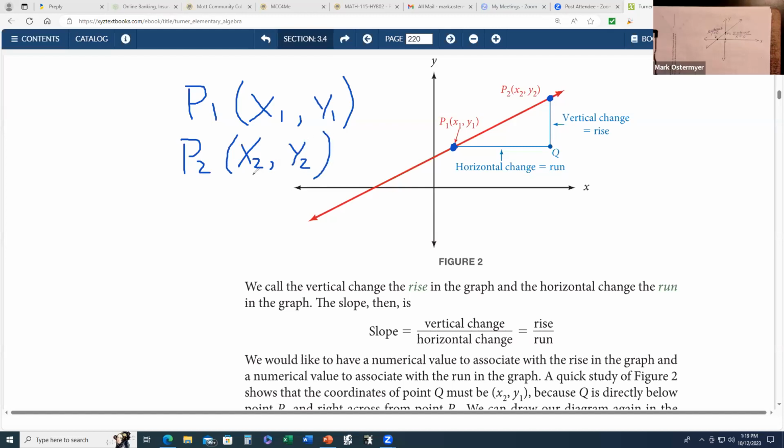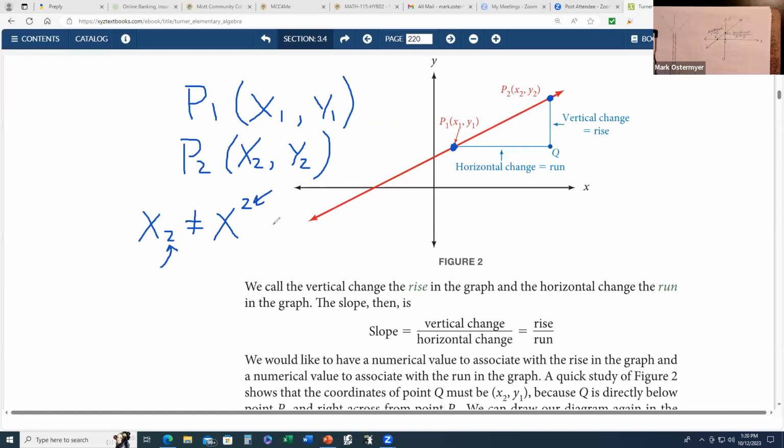Now we need to understand that subscripts must never be confused with powers or exponents. X sub 2 has no relationship whatsoever to x squared. No relationship whatsoever. This is called a subscript. This is called an exponent.